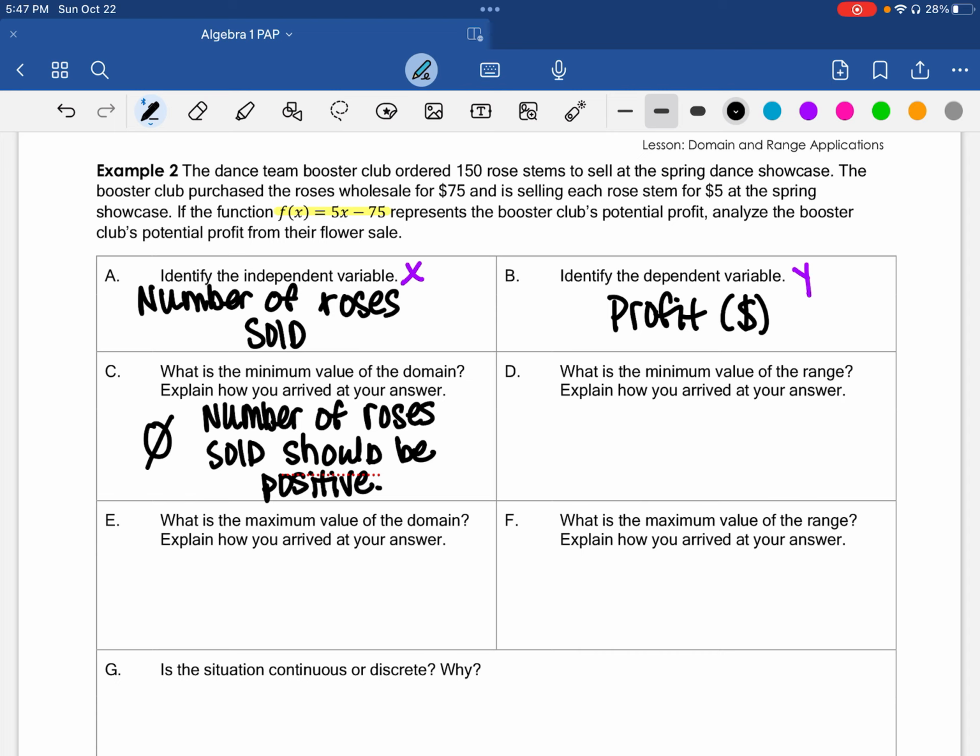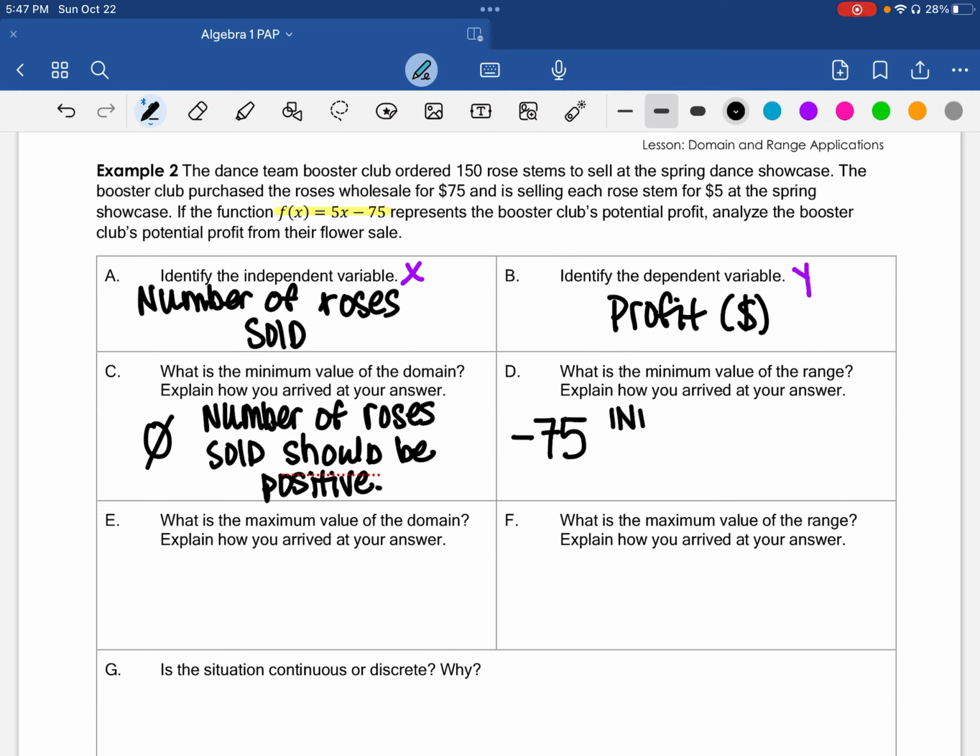What is the minimum value of the range? Well, if I sold 0 roses, 5 times 0 is 0, right? 5 times 0 is 0 minus 75. The lowest part of my range would be -75.